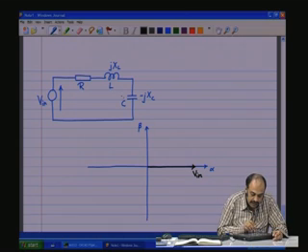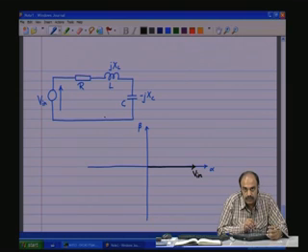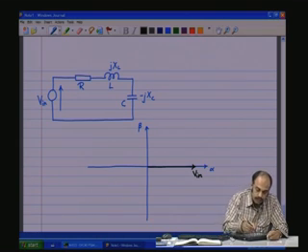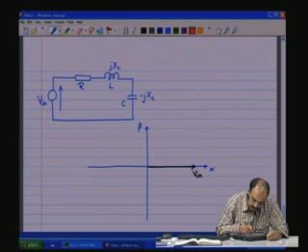If the reactances of these two are the same, then it is going to be in phase because R is the only impedance, or if the inductance dominates, then the current is going to lag. If the capacitance dominates, then the current is going to lead. Now, let us say for example, the capacitance dominates, which means the current is going to lead.